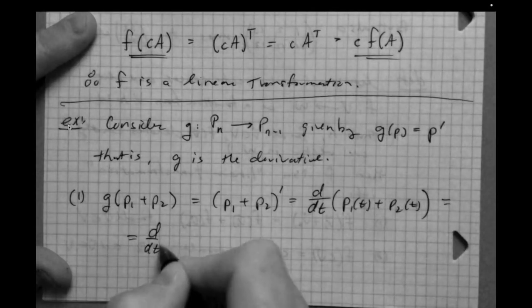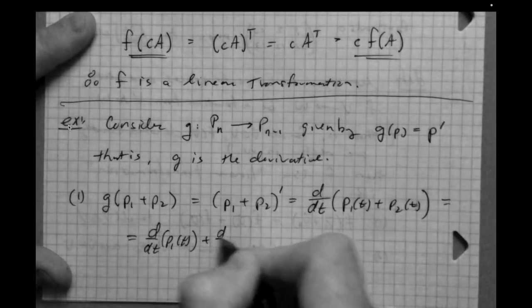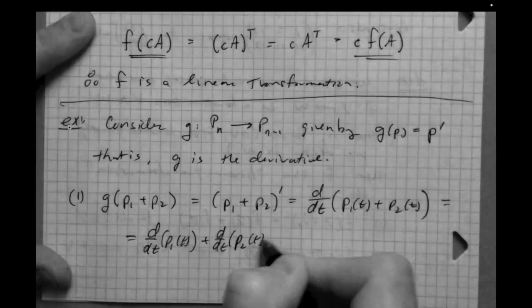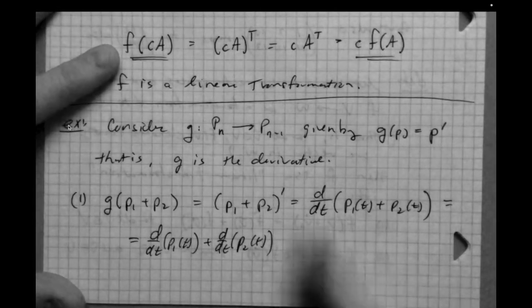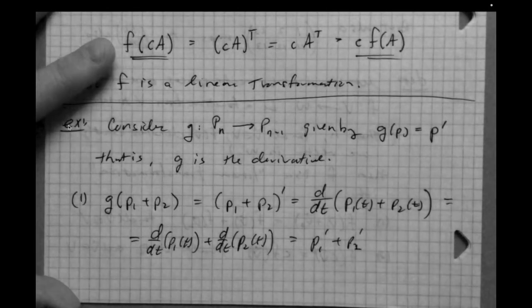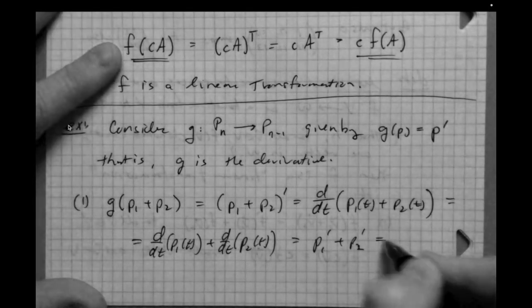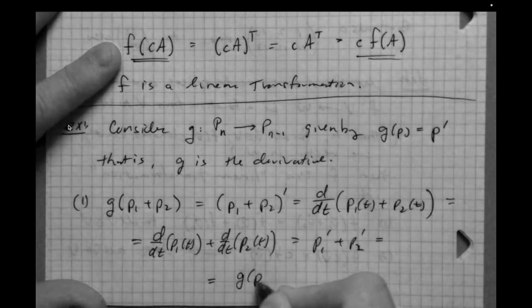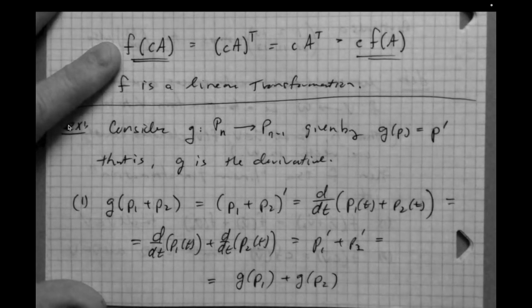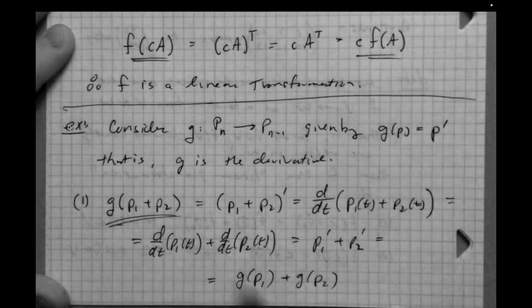I know, for example, that that's equal to d/dt of p1(t) plus d/dt of p2(t). Right, you might remember that from calculus. Well, another, simpler way to write it is just p1 prime plus p2 prime. Right, and this is just taking the derivative separately of the two polynomials and then adding them together. So that is obviously just g of p1 plus g of p2, since g is the act of taking the derivative. When we apply g to a polynomial, we're taking the derivative. Okay, and so that's what we wanted to show.